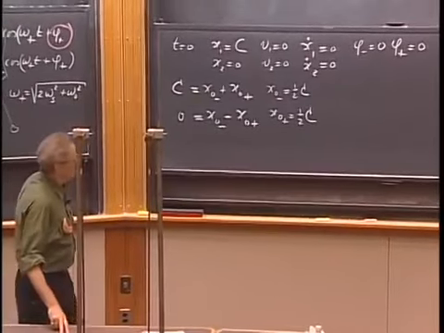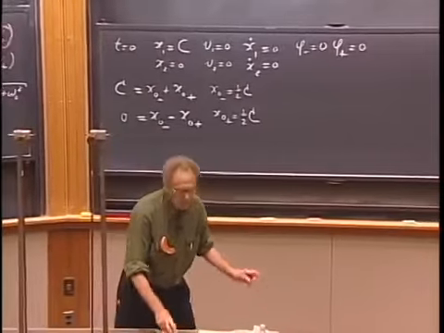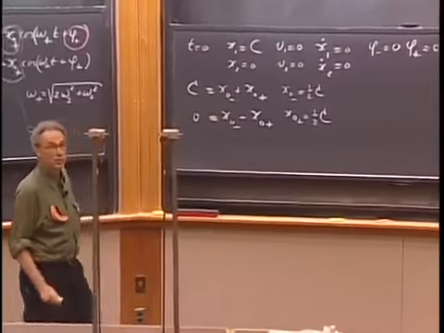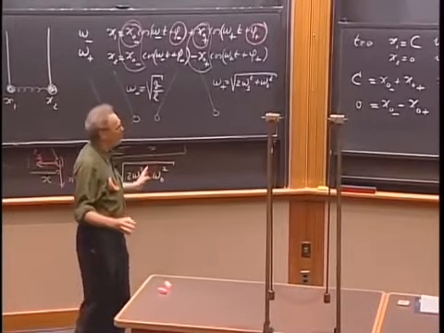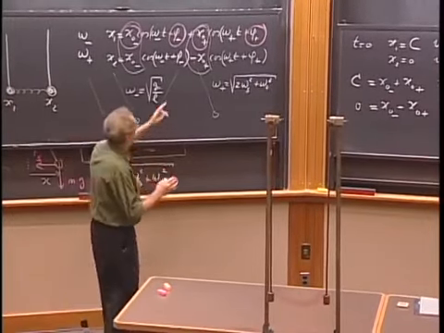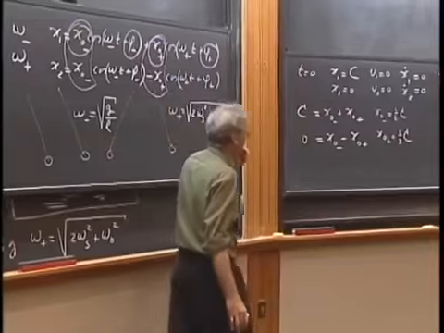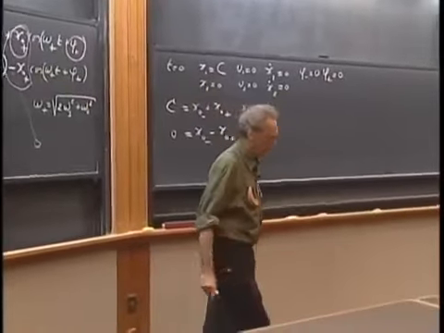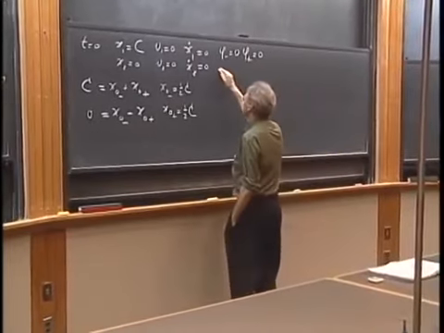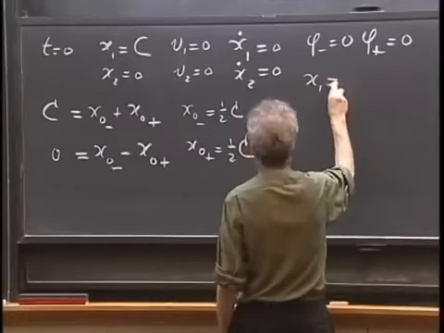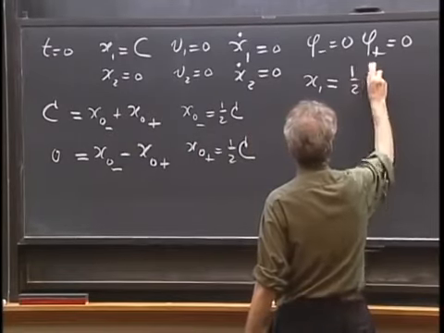So let me write down now the general solution that we have for this specific initial condition. So we know everything. We know x0 minus, we know x0 plus. We know phi's. We know everything. So I'm going to write it down here. So x1 is going to be 1/2 c.